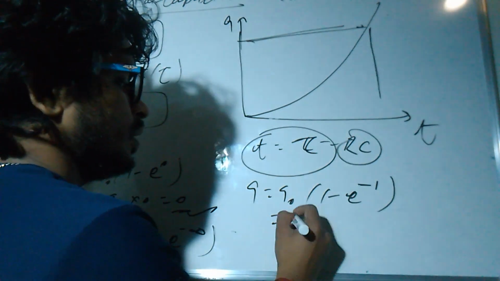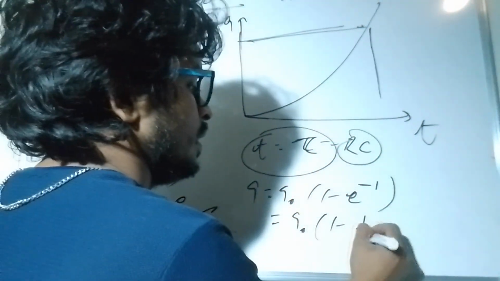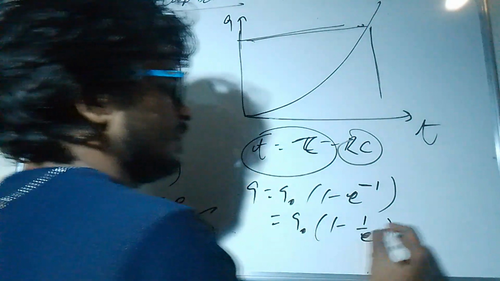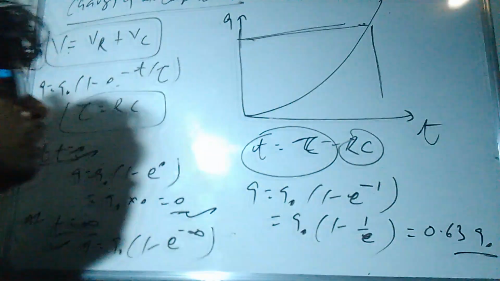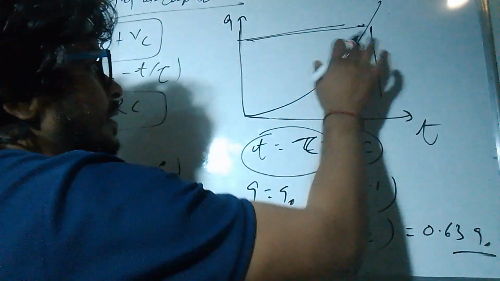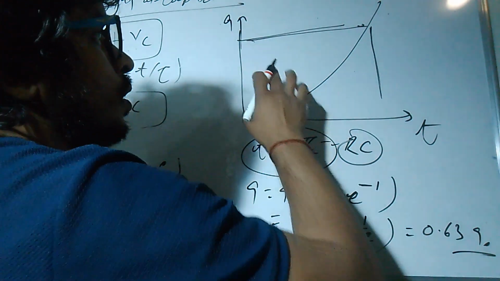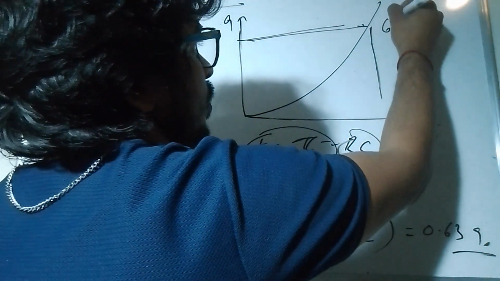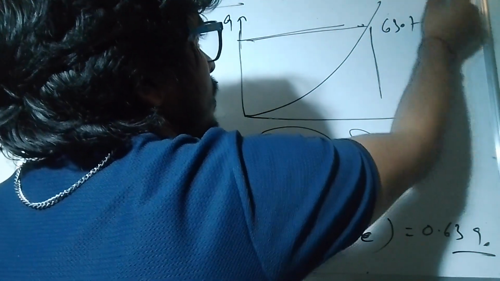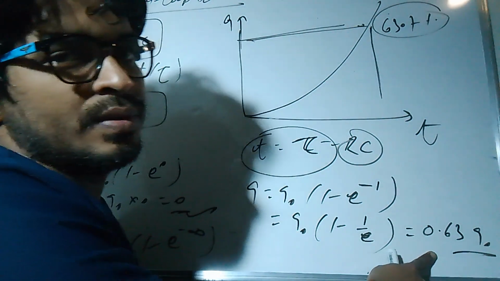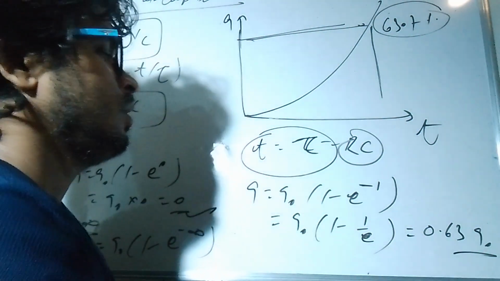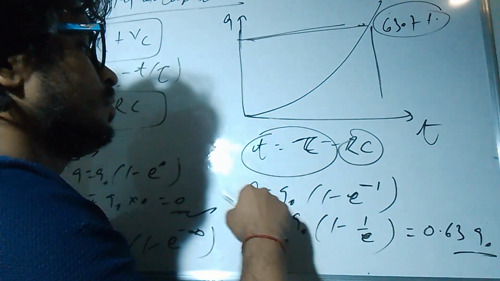If you solve it, Q naught (1 minus 1 by e) comes to about 0.63 of Q naught. So at this time, it will be charged up to about 63 percent. To charge the capacitor to 63 percent, or 0.63 of Q naught, it will take t equals tau time.